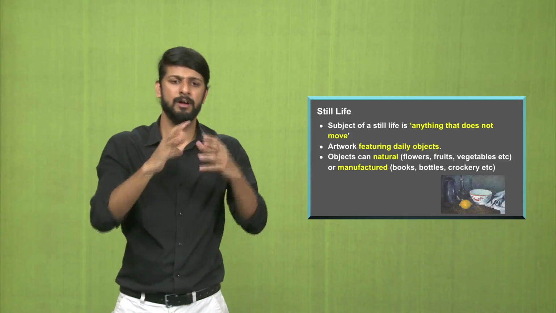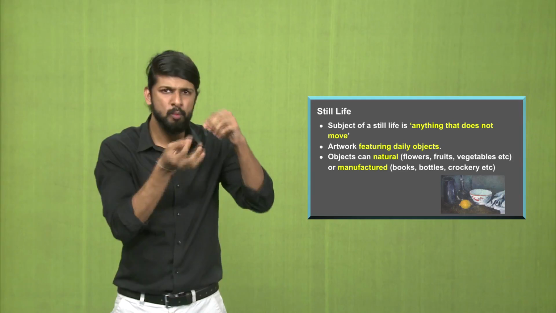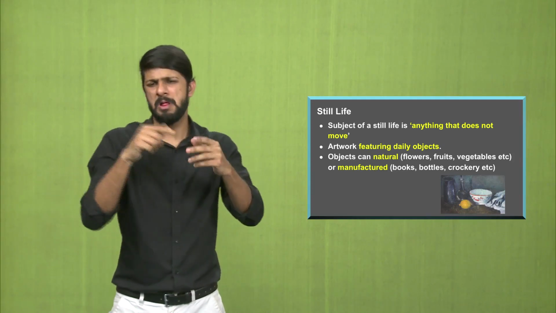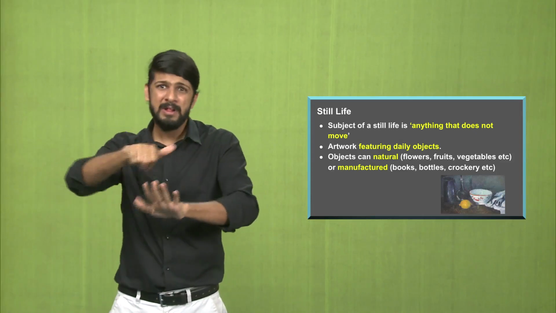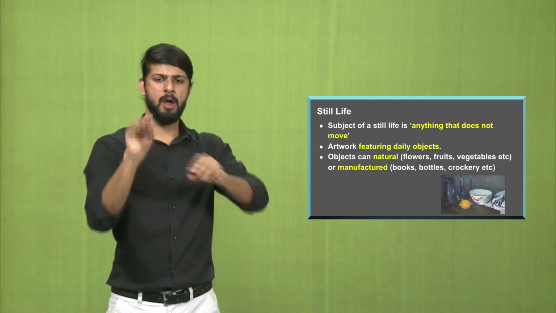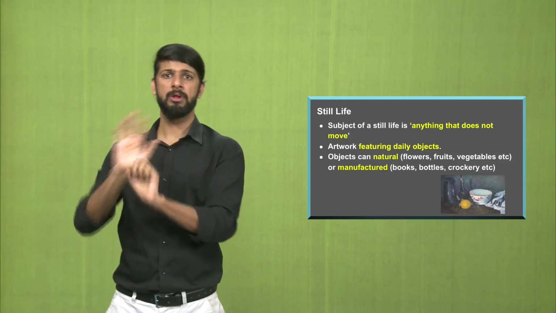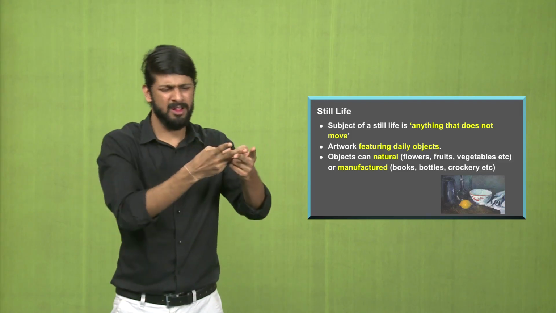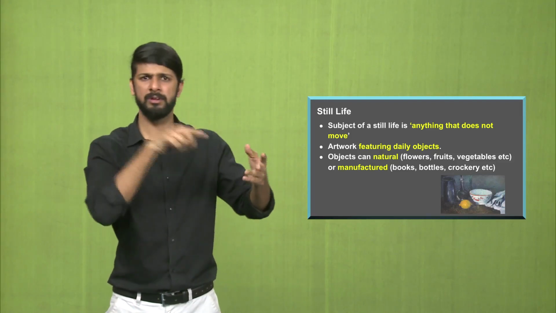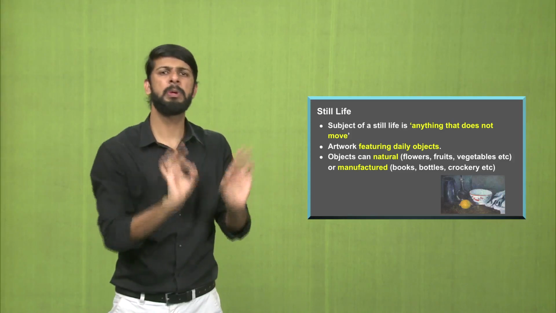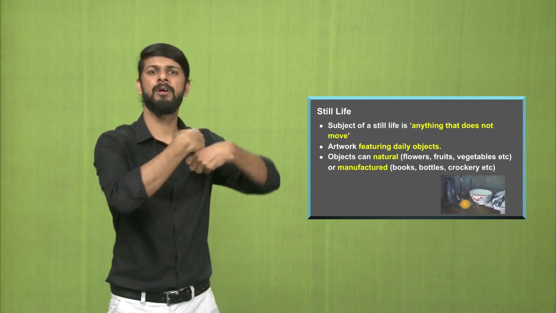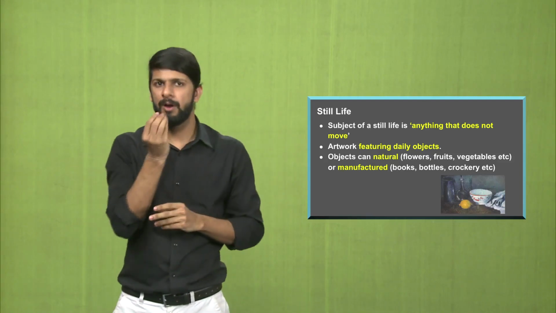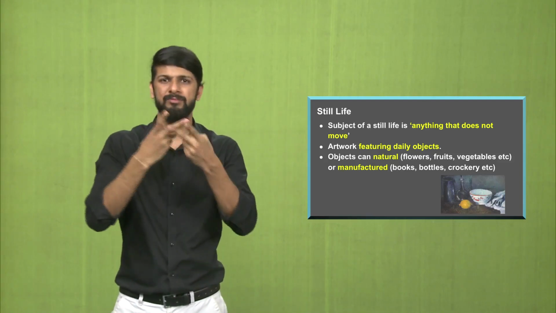Objects can be natural, for example, flowers, fruits, vegetables, etc., or they could also be manufactured, for example, books, bottles, crockery, etc. These, being manufactured items, can also be used, and these objects can be included in a still life painting.